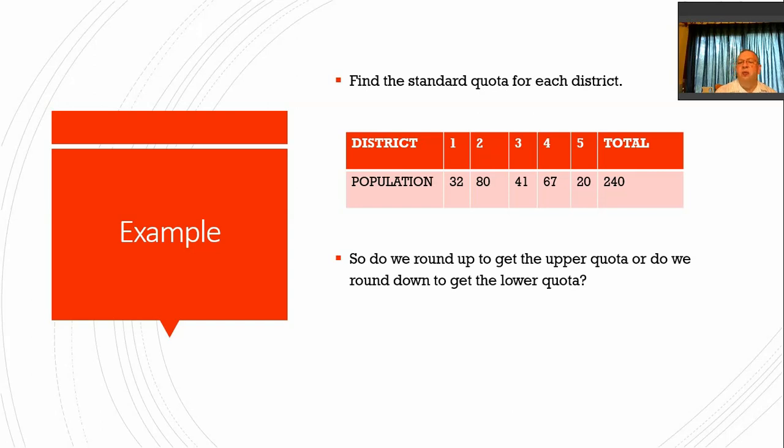So we either round up to get an upper quota or round down to get the lower quota. But in all cases, we need to make sure that the total number of seats apportioned would not be greater than what we were allocated, the 20.